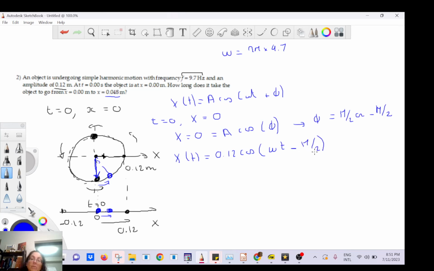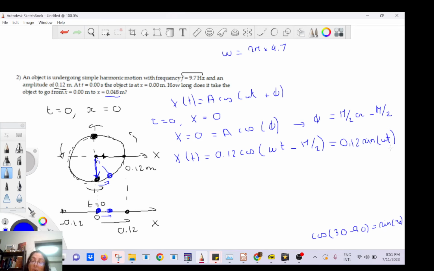Okay, so from here you have two choices. You keep that, or you remember that it is the same as 0.12 sine omega t. Because cosine of an angle minus 90 degrees is the same thing as sine; you can verify with your TI that it is true.